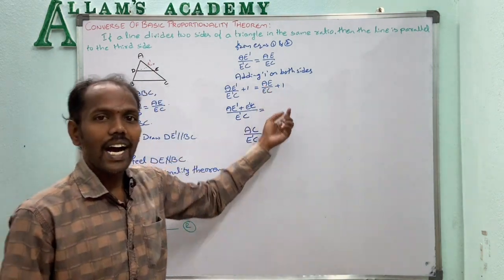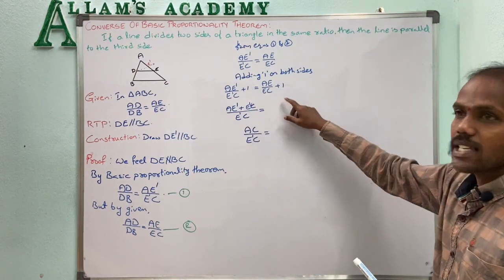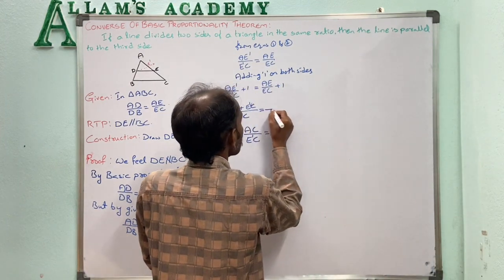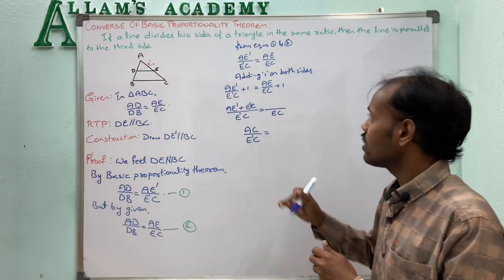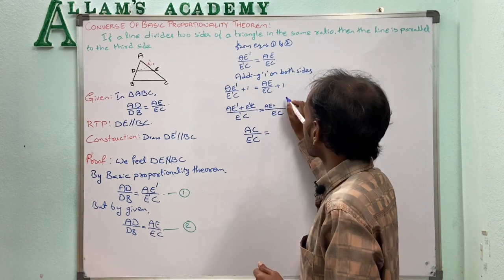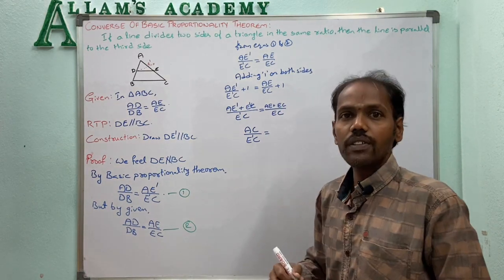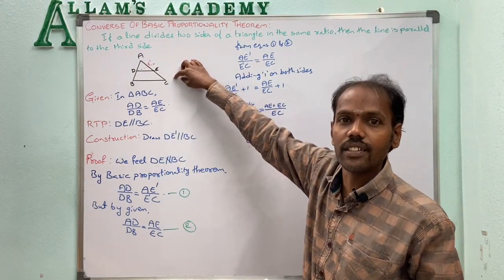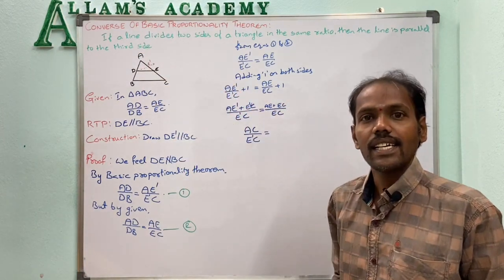Now this RHS side also, if we observe AE by EC plus 1, here also we take EC as LCM. Now in the numerator we will take AE plus, 1 into EC is nothing but EC. So this AE and EC joined is nothing but the total length of the AC side.